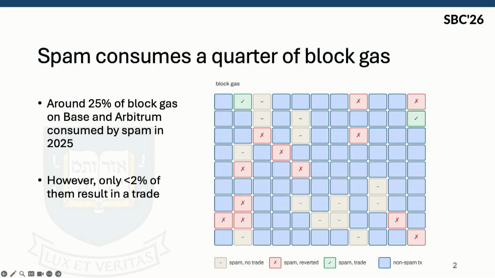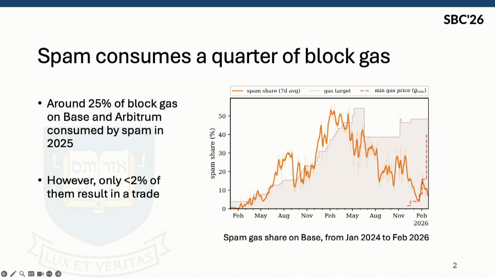Spam consumes a lot of block space in existing high-throughput blockchains. What are spam transactions? They are essentially transactions that get reverted a lot or do nothing on-chain. As you can see from this figure, around 25% of block gas on Base and Arbitrum was consumed by spam last year.